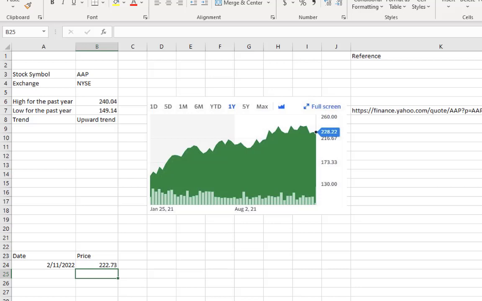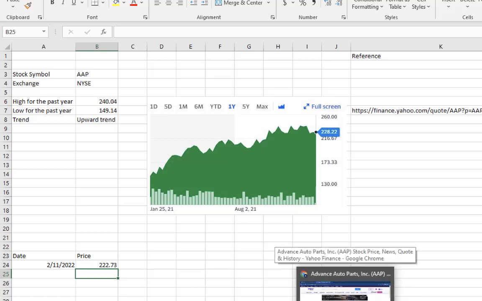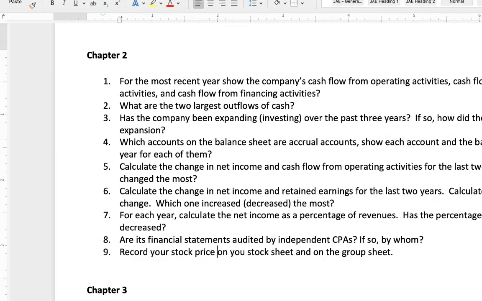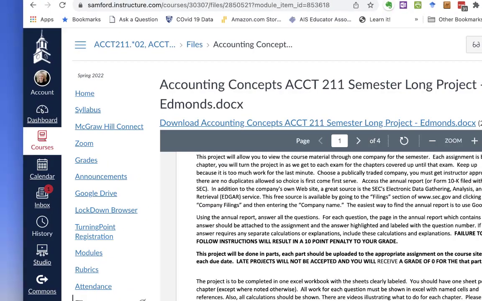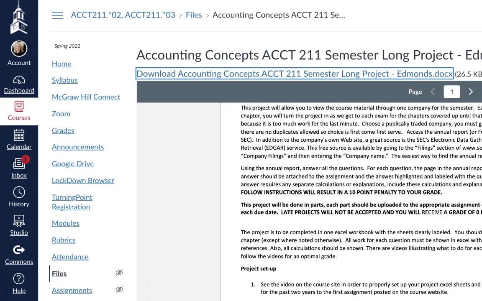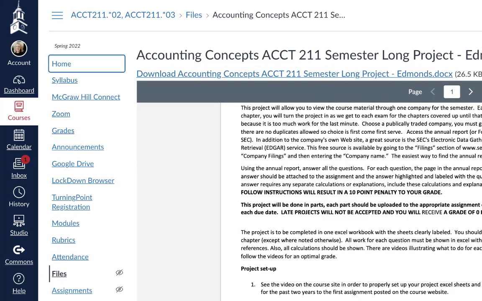All right, now, there's one other place you need to record it. You need to go back to the course page. Go to the home page.